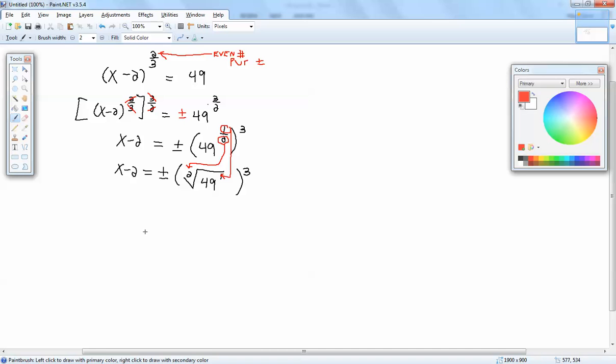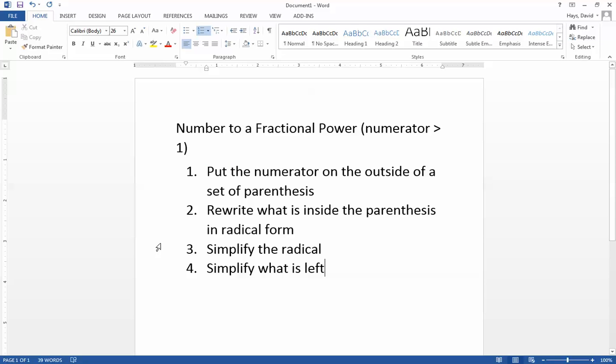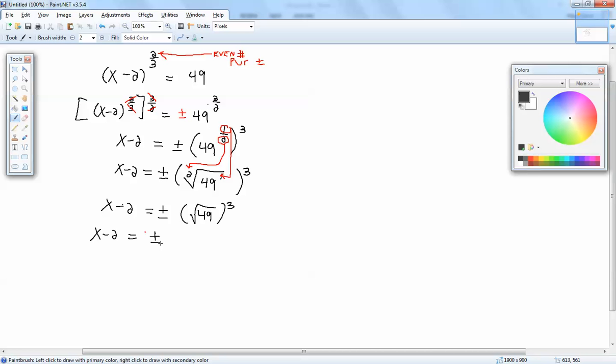Which means I'm going to have x minus 2 is equal to plus or minus, and that's simply the square root of 49, cubed. Step 3, simplify the radical. Square root of 49 is 7, so I'm going to have 7, and then the third power carries down.